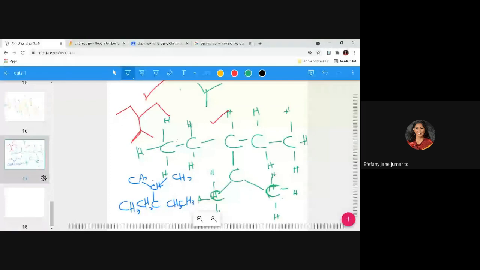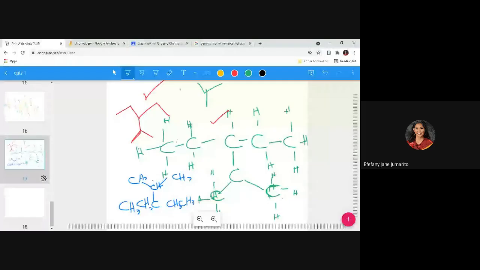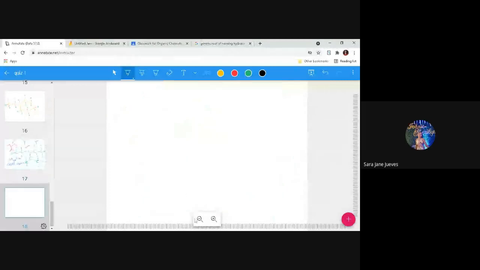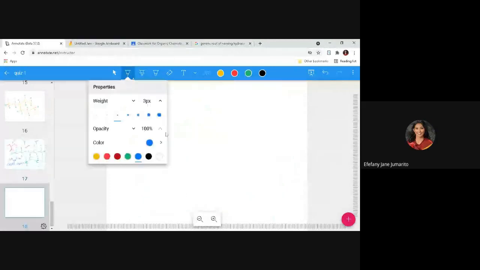Basta class, the iso, condensed, the structure is the letter Y. Or if you write it like this, mas condensed yun siya, class.